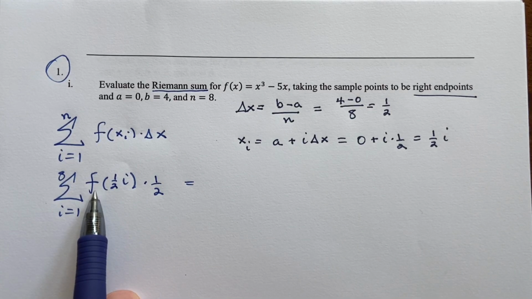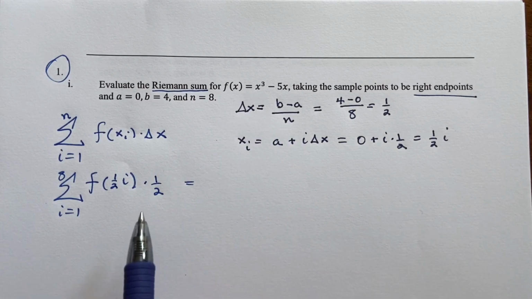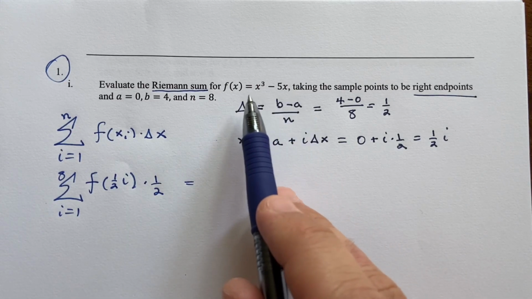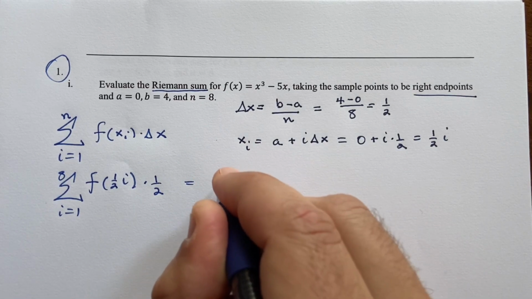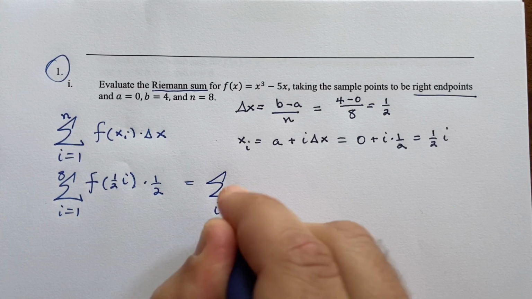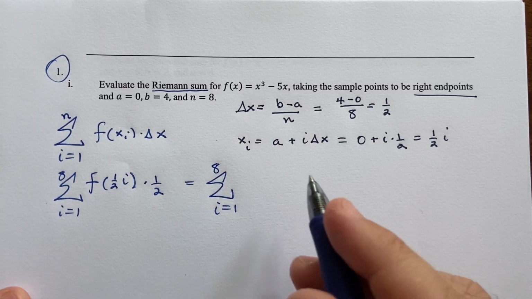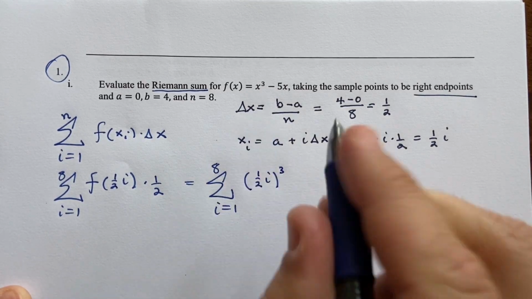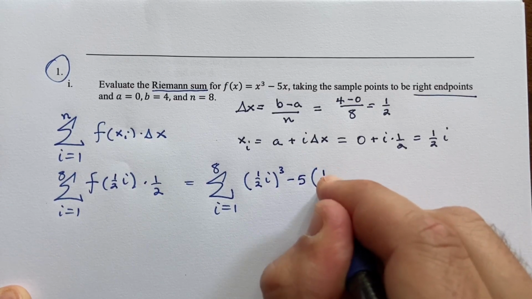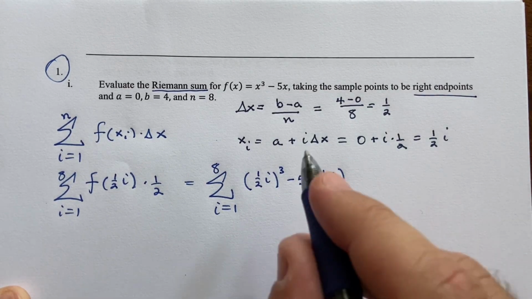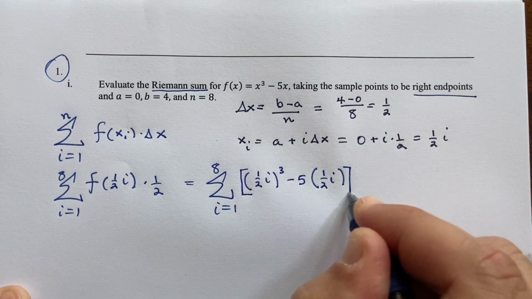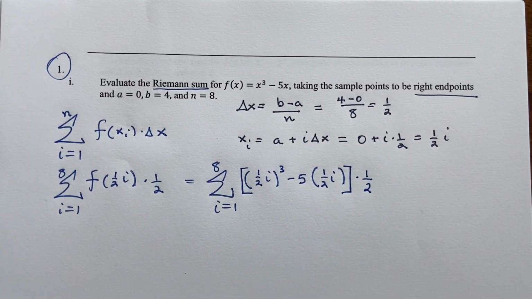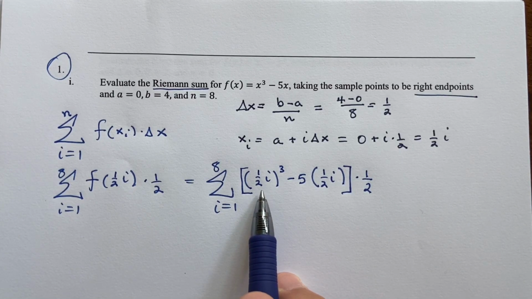So from there, our particular function is this one here. So I'm going to plug 1/2 i into this function. So we'll have the sum from 1 to 8 of 1/2 i, and then I need to cube according to the function, minus 5 times 1/2 i. And I'll go ahead and then multiply by delta x, which is 1/2. Okay. So the 1/2 can actually come all the way out front, and then I'll do some simplifying here.